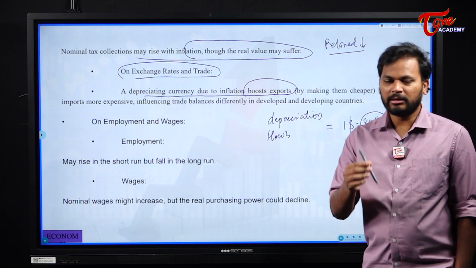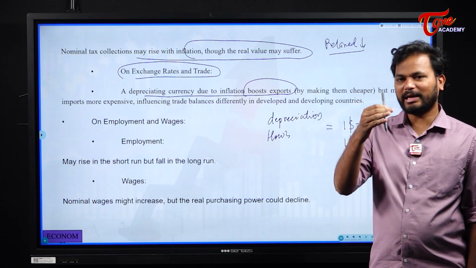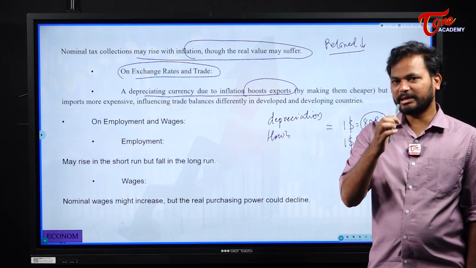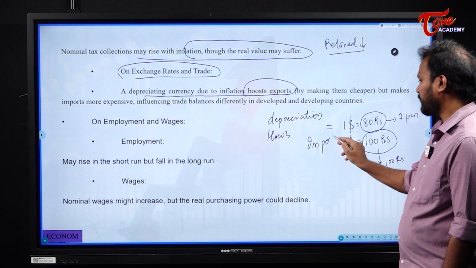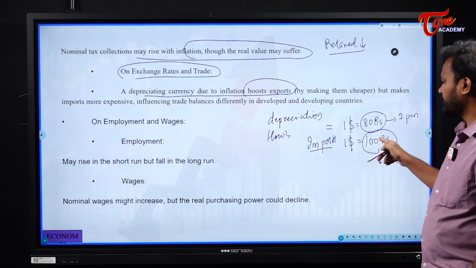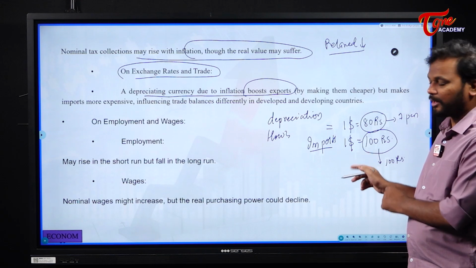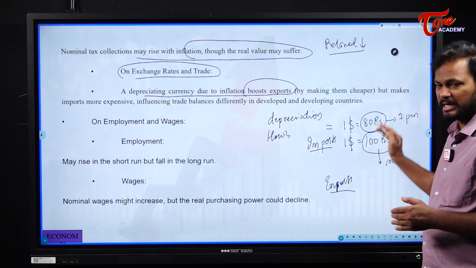It means that because of the depreciation, the value of the particular product has increased. This is with respect to imports. If I am importing from one country, then obviously during depreciation, the imports become costlier. Now let us talk about the exports in the same context.